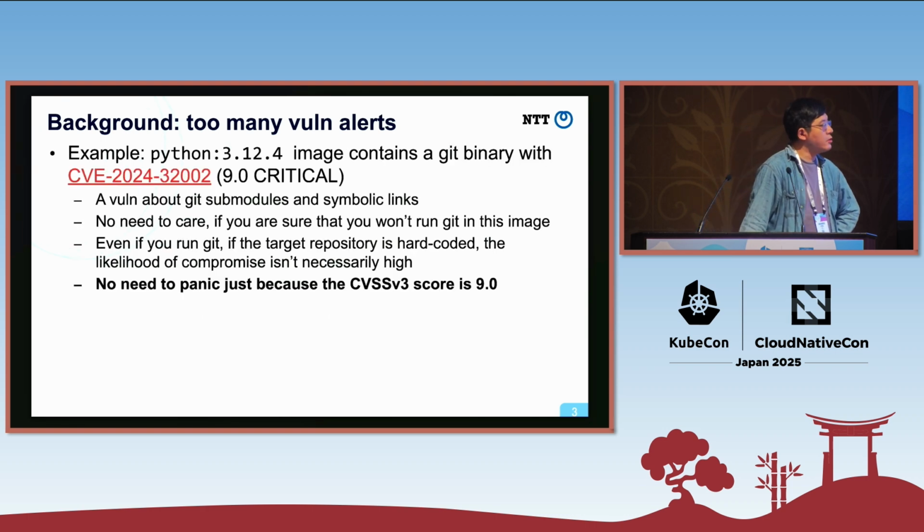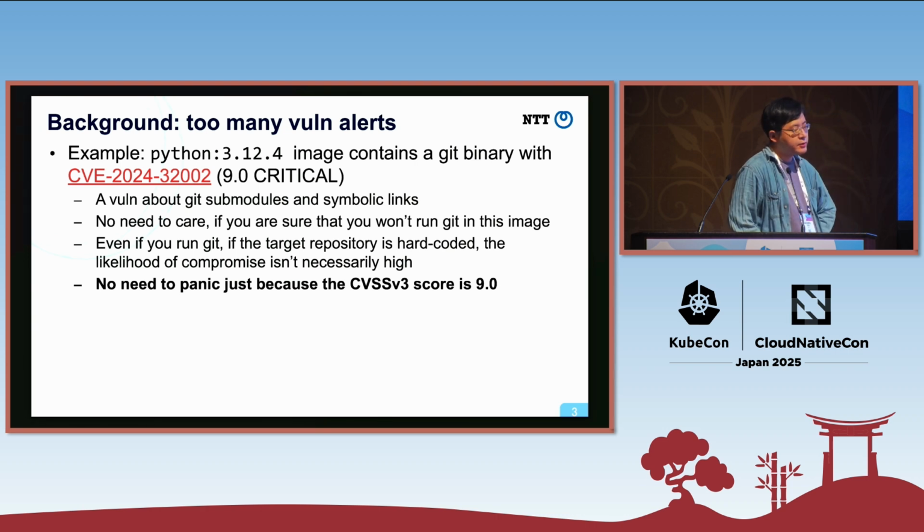For example, this container image contains a Git binary with a CVE with a 9.0 critical score. But you don't need to care about this vulnerability if you are sure that you won't run the Git command in this image.